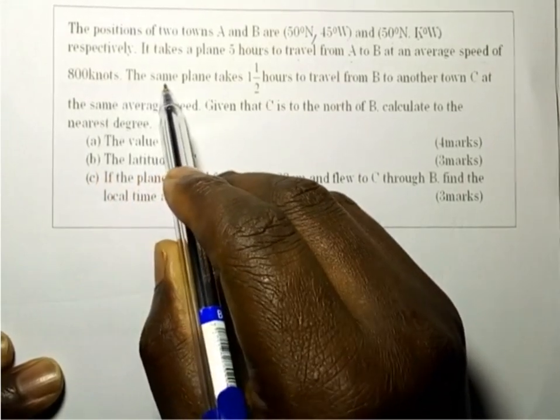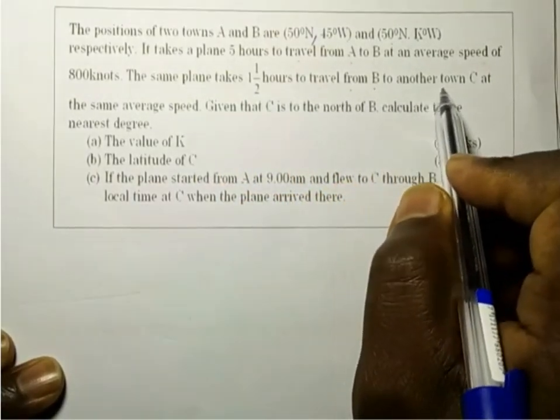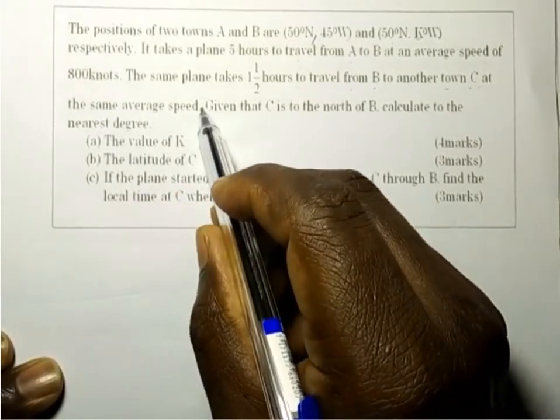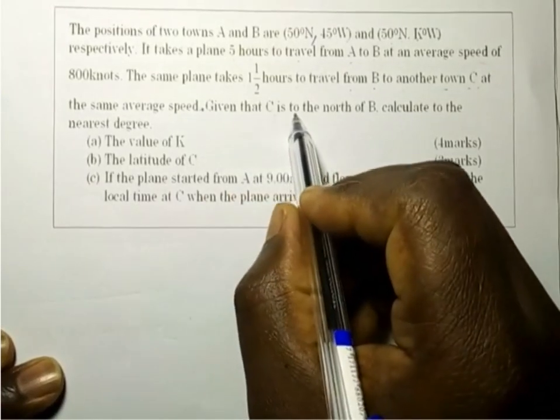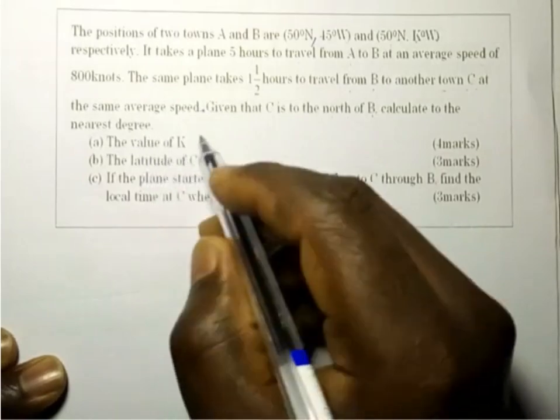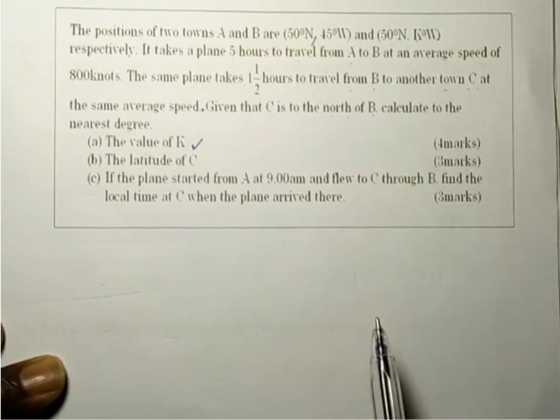The same plane takes 1.5 hours to travel from B to another town C at the same average speed. Given that C is to the north of B, calculate to the nearest degree the value of K. So now we want to calculate the value of K. Very important.